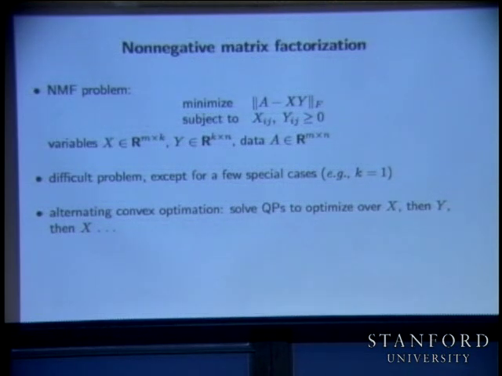Let's see, a couple of cases we can solve. We can do K equals 1. So you can approximate a matrix in Frobenius norm, well, any norm doesn't matter, Frobenius norm or spectral norm, with an outer product which is restricted to be positive, and that goes in 2 steps.